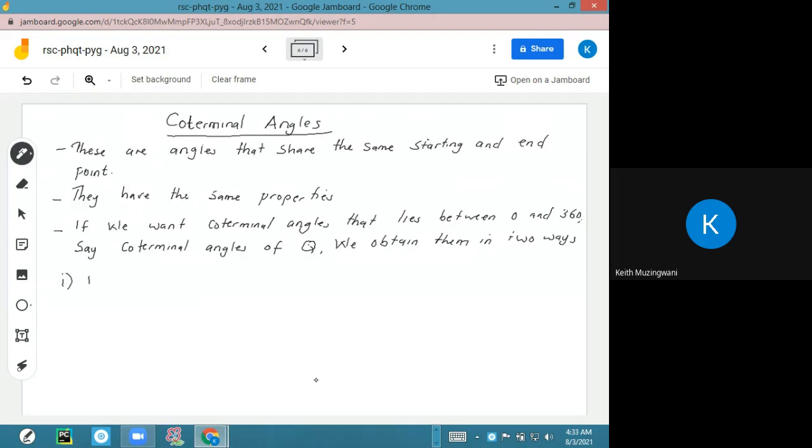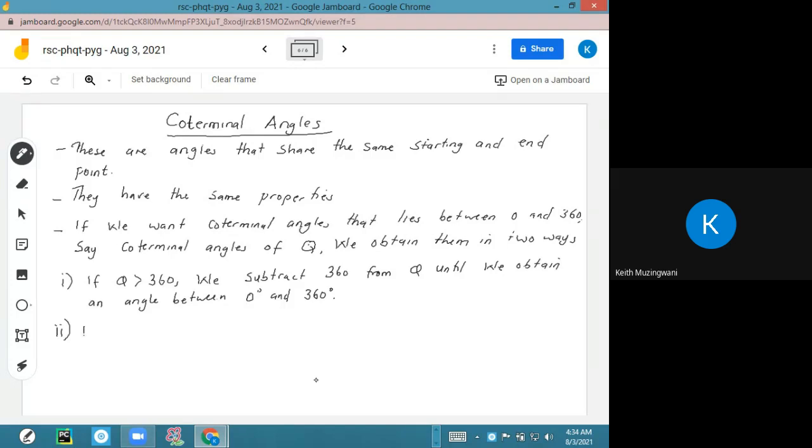One, if theta is greater than 360, we subtract 360 from theta until we obtain an angle between 0 and 360.